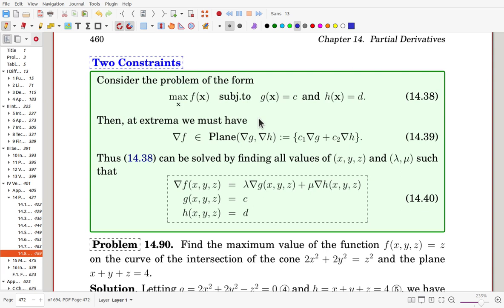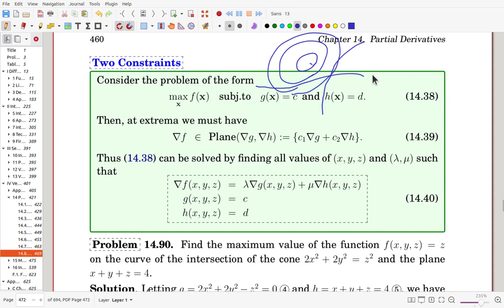Once it has more than one constraint, then, for example, the contour of f of x is given in this way, and f is increasing toward that direction, so the maximum is happening. But the constraints may be given in this way and possibly that way.